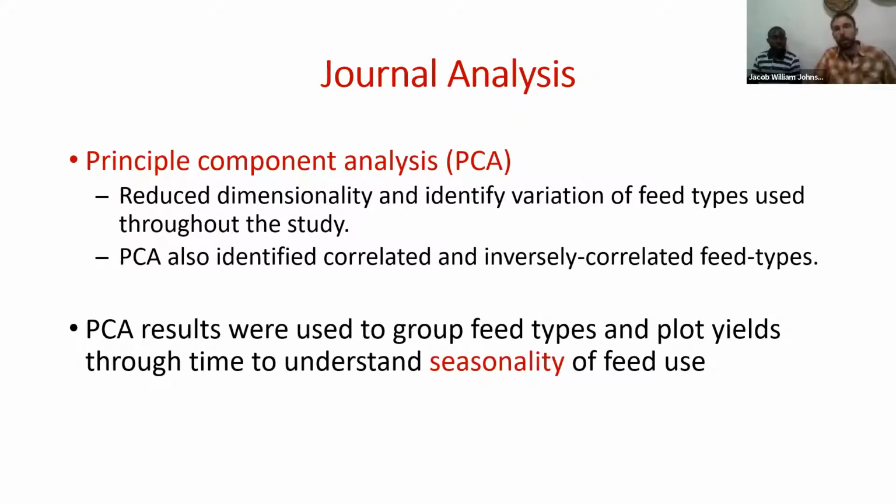I used a principal component analysis to reduce the dimensionality of that complex data and to identify a variation of feed types used throughout the study. I used a variance-covariance matrix, and the PCA results were used to group feed types and plot the yields through time to understand the seasonality of the different feed type uses.